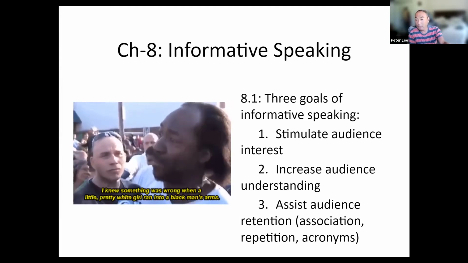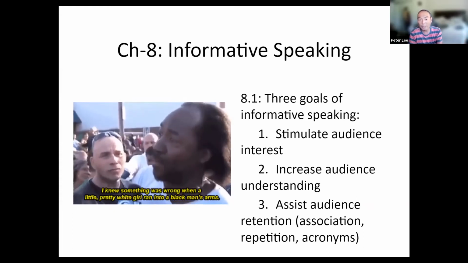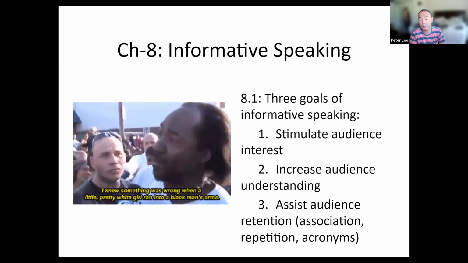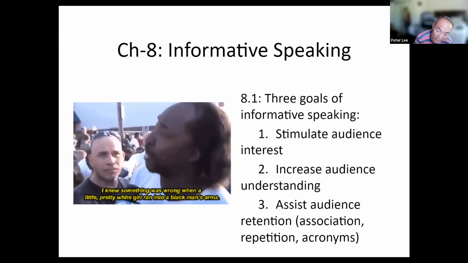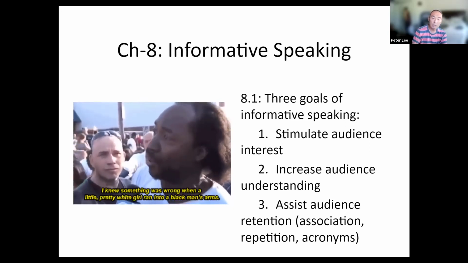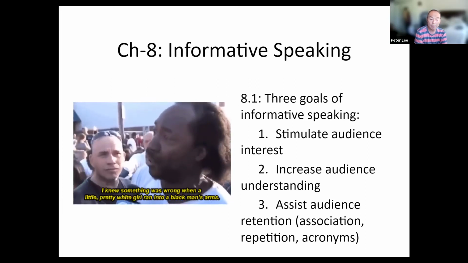What's the GIF about? Does anybody know? I knew something was wrong when a little pretty white girl ran into a black man's arms, and then they called 911 immediately. And this happened in Cleveland, Ohio, about 10, 11 years ago. This is the Cleveland, Ohio kidnappings.